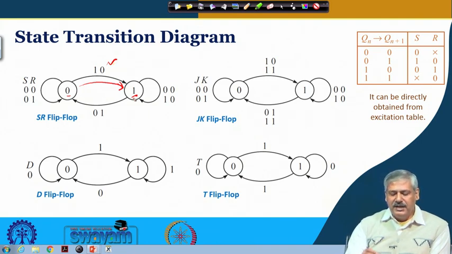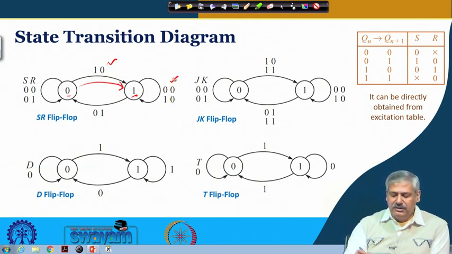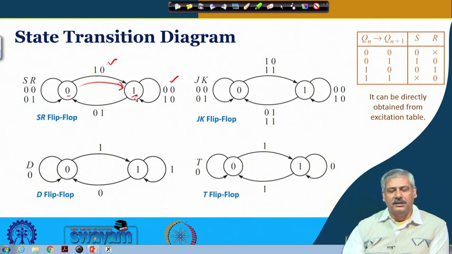Now, it is at state 1, and it is receiving whatever is allowed. Other than 1 1, everything is allowed: 0 0, 1 0 and 0 1. So, these are the 3 things that are allowed for the SR flip flop. If it receives 0 0, it will stay at 1 only. If it receives 1 0, it will remain at 1.